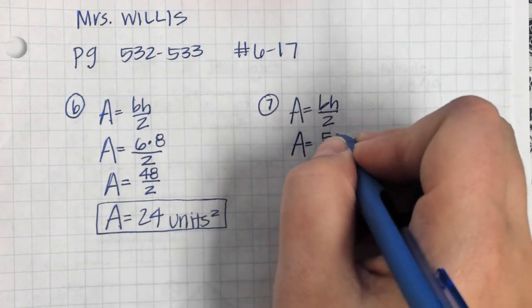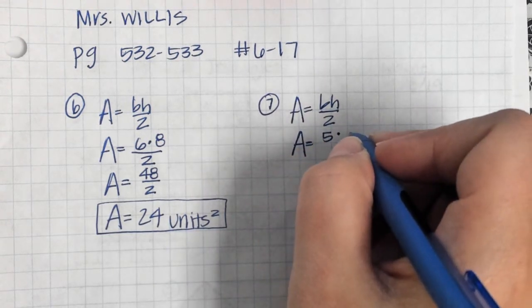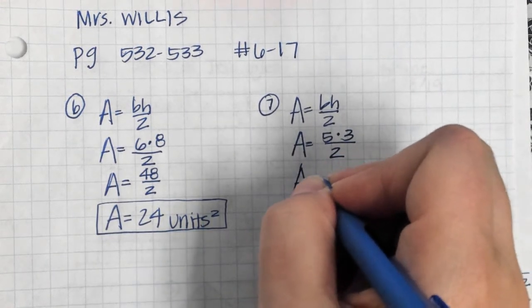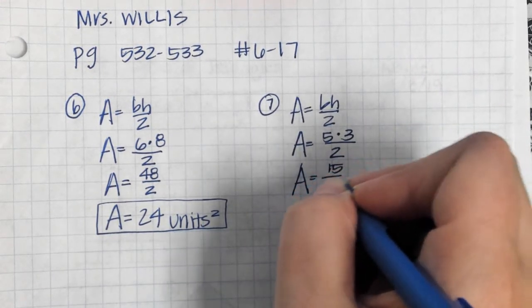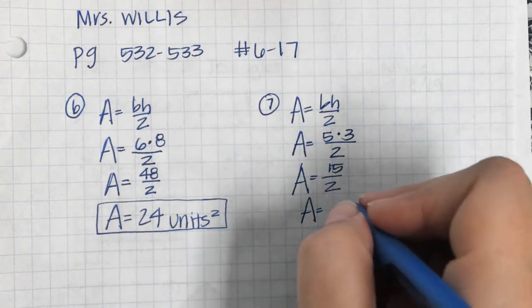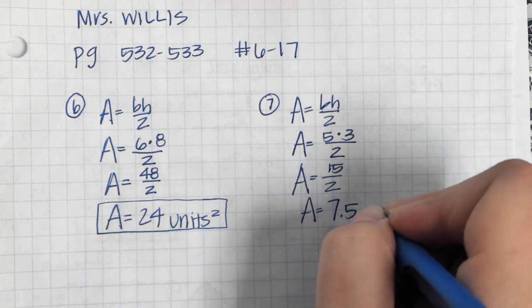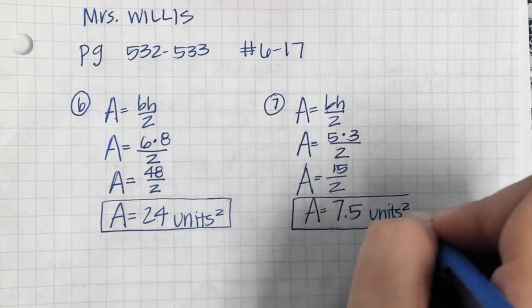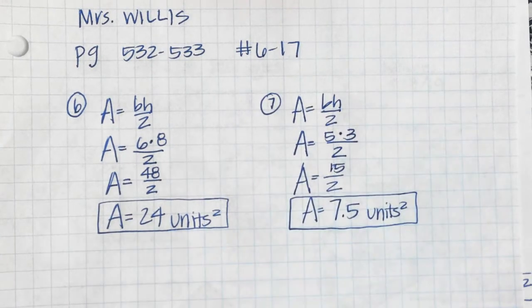Okay, what about the height? 3. 3, and that's divided by 2. So what is 5 times 3? 15. Divided by 2, which would be what? 7.5, and that is units squared. Each problem, guys, that you do needs to be set up like this, okay? I just want to be very specific so you don't have any questions.